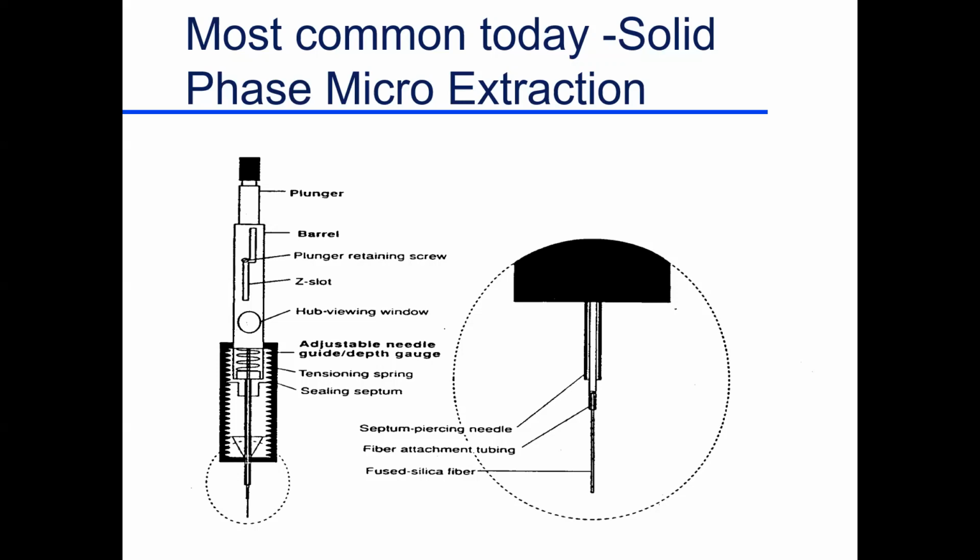So it's not going to take a little bit of everything. It's going to take a lot of some compounds, less of others, and less of others. So this fiber absorbs, but it doesn't absorb uniformly. And so you get a profile: here are the volatiles in my sample, but they're not necessarily the best representative sample you can get.